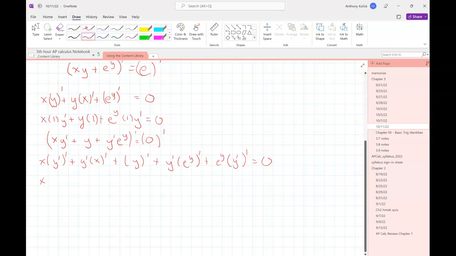So the derivative of y prime is just y double prime. The derivative of x is just 1. The derivative of y is 1 times y prime. And the derivative of e to the y is e to the y times 1 times y prime. And the derivative of y prime is just y double prime.